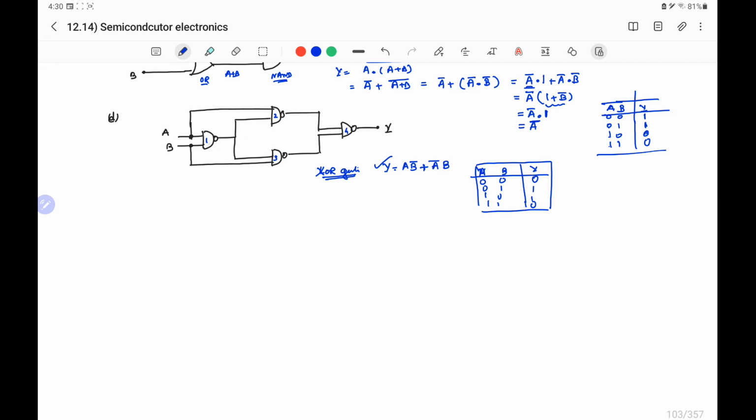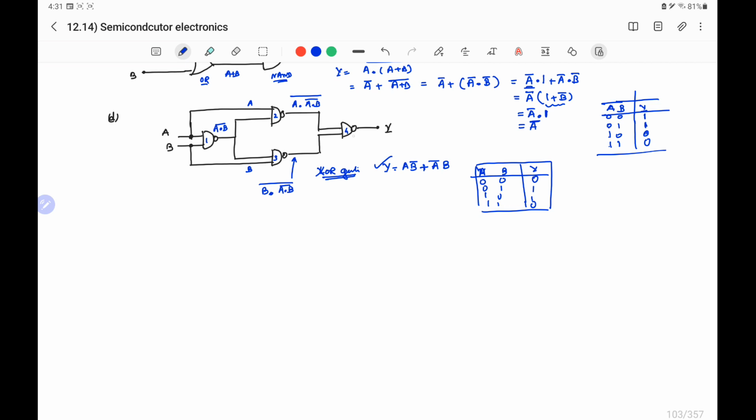The output of the first NAND gate will be the complement of A and B. This is also an input of NAND 2, and another input is A. So the output of NAND 2 will be the complement of A and (A and B complement). Similarly, the output of the third NAND gate will be the complement of B and (A and B complement).